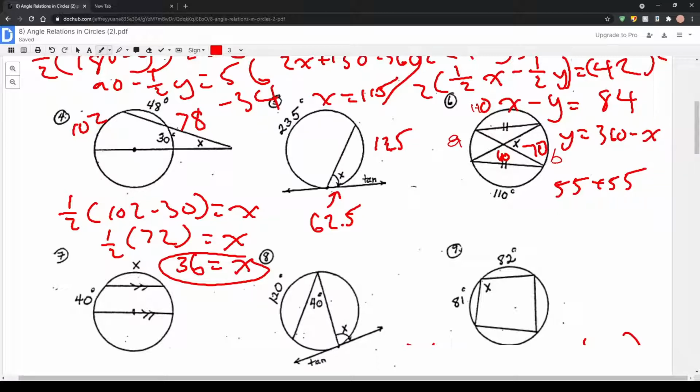The way I got 220 was that since we have the congruent chords, the arcs are also congruent, meaning the top one is 110 as well. So those two add up to 220, and it's 360 minus 220 to get A and B, the remainder.